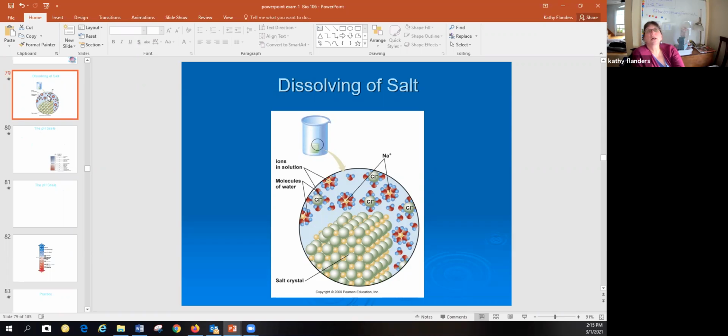Solute could be salt, sugar, or amino acids. Anything like that that will dissolve in the water or another solvent. We use water as our solvent for almost everything.